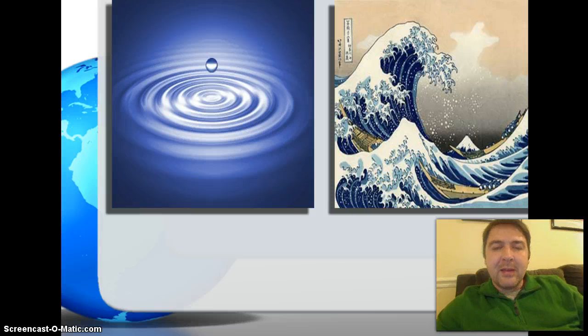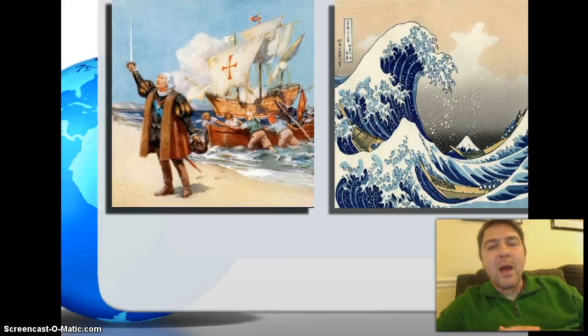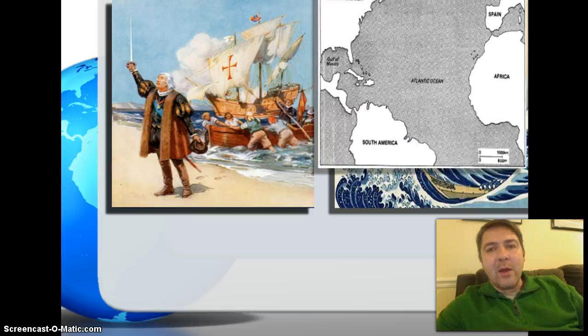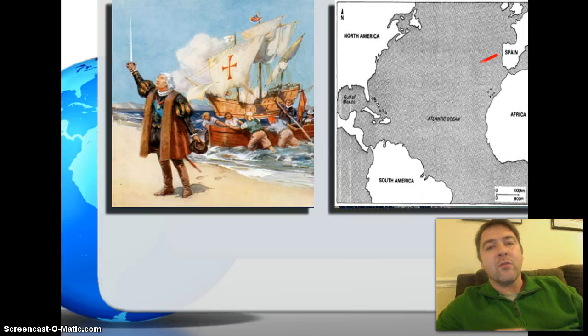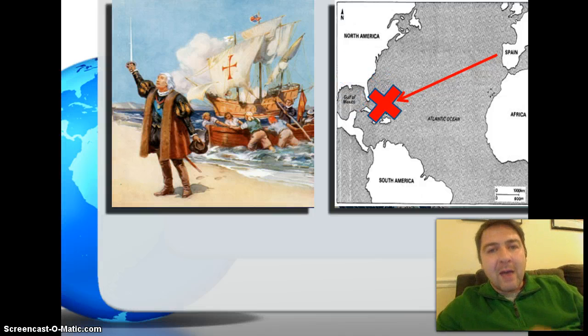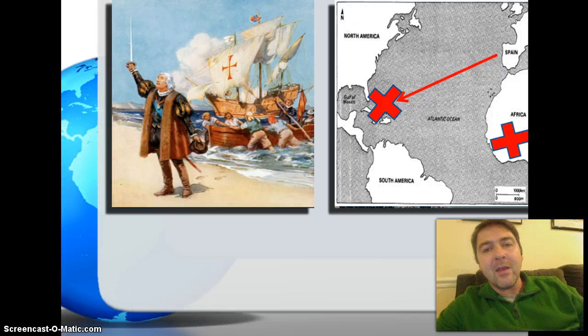The idea here we're looking at is that the arrival of Christopher Columbus in 1492 in the Caribbean might on the surface seem to have no connection at all to Africa. And yet that voyage across the Atlantic Ocean from Spain to the Caribbean and his arrival in those islands is actually going to have, unknowingly at the time, a huge economic effect on Africa.